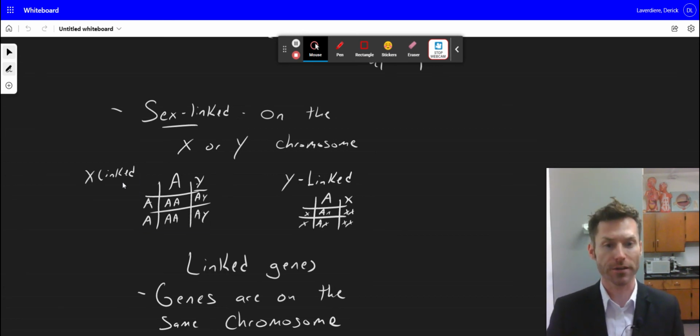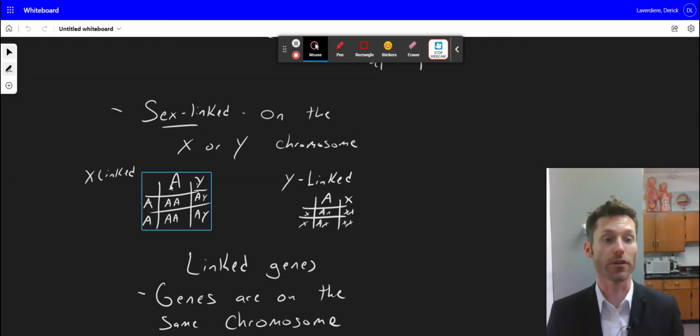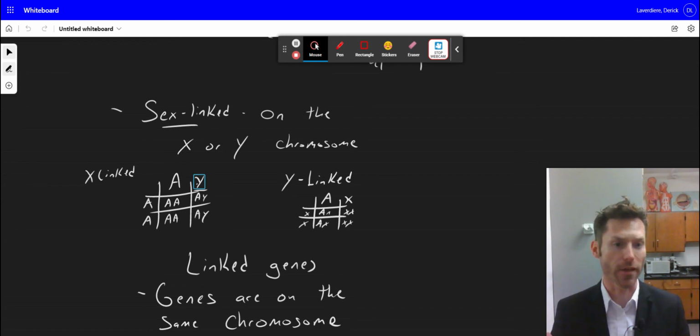So for X-linked traits, the males are hemizygous, meaning they got one copy of the gene that we're looking at, and the other chromosome is a Y. It doesn't have that gene. Different shaped chromosomes, different genes. The female just has a normal genotype. She's either homozygous or heterozygous. Nothing's different there.